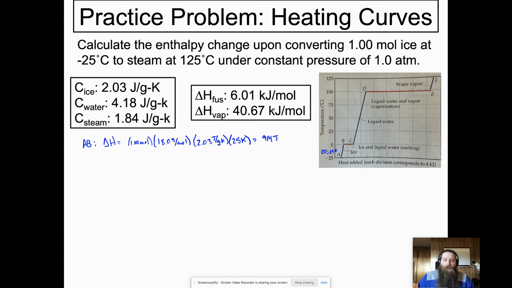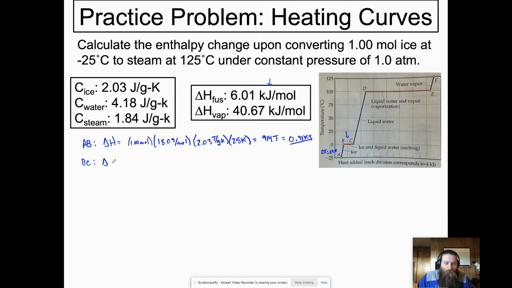Now, I'm looking ahead. I know I'm going to be adding enthalpies of fusion with kilojoules, so I'm just going to go ahead and convert that, divide by 1,000, and I get 0.91 kilojoules. So there's AB. Now, for BC, this second leg, I don't have a temperature change. And so we can just use the molar enthalpy of fusion directly here.